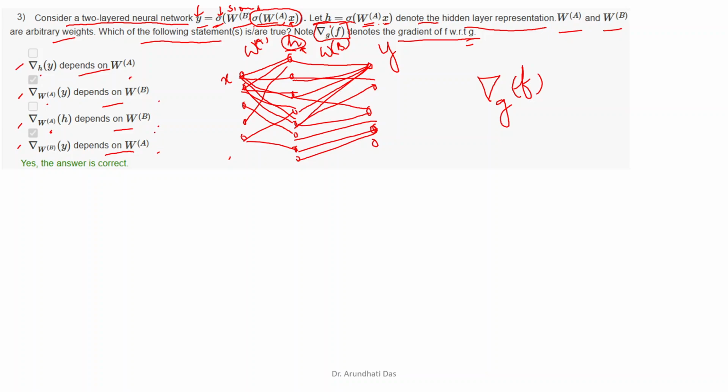Before going forward with the options, let us have some general understanding of what is happening in this neural network. In this neural network we have this x, the input nodes, and if we go from left hand side to right hand side, that is also known as forward propagation.